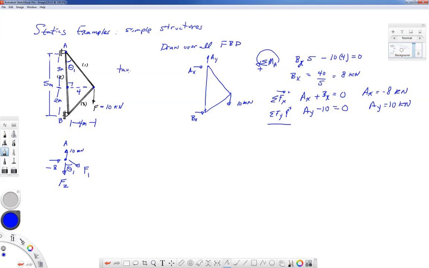So I'll write it right here. Tangent of theta 1 is equal to 4 divided by 3. Okay, this is kind of nice. It's a 3, 4, 5 triangle. If we want, we can just use that information, or we can put 4 divided by 3 into our calculator and take the inverse tangent. That ends up being 53.13 degrees.